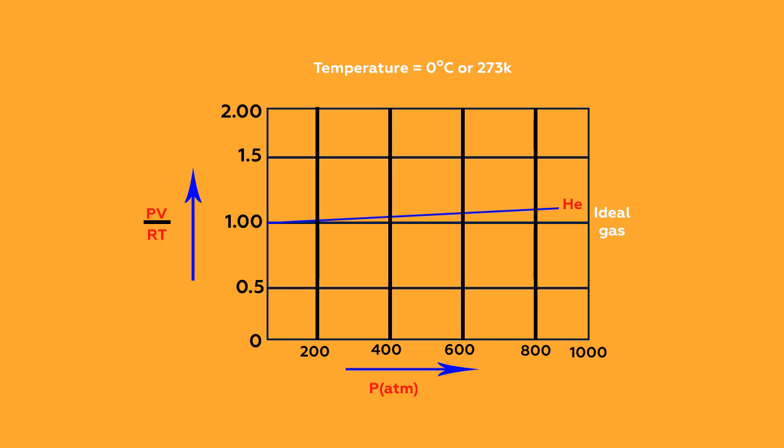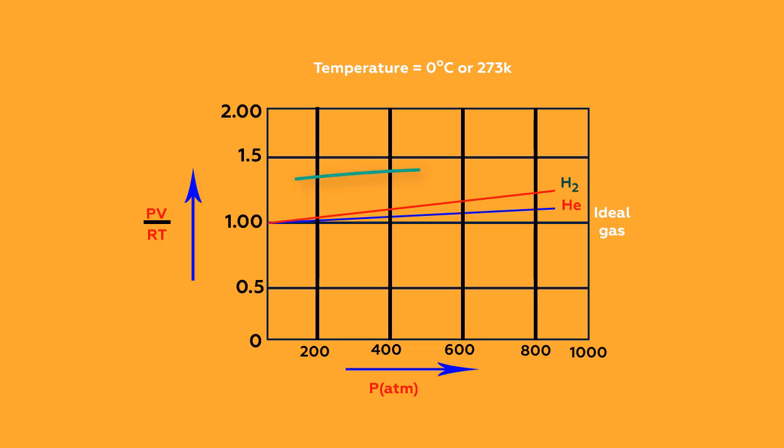Helium shows some ideal behavior because it follows the ideal gas line to some extent, up to almost 250 or 300 atm, and then if we further increase the pressure, it deviates from the ideal line and goes up a little bit.